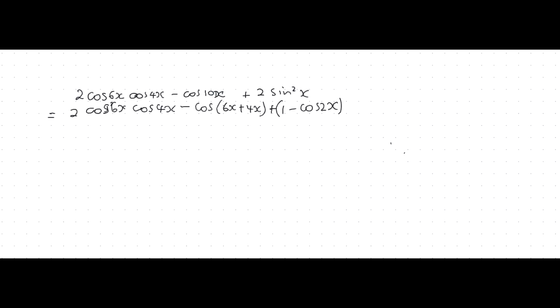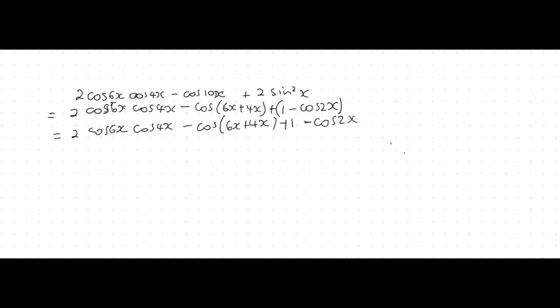Okay, so now I need to simplify. Let me simplify first, then we can go further. So we have cos 6x cos 4x minus cos 6x plus 4x plus 1 minus cos 2x. So we are aiming here for angles which are 6x and 4x.